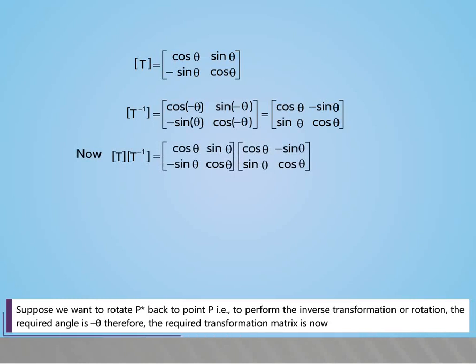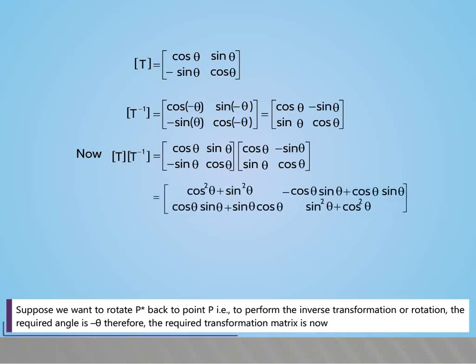Now, T into T to the power minus 1 is equal to the matrix [cos theta, sin theta; minus sin theta, cos theta] times the matrix [cos theta, minus sin theta; sin theta, cos theta], which is equal to the matrix [cos square theta plus sin square theta, minus cos theta sin theta plus sin theta cos theta; cos theta sin theta plus sin theta cos theta, sin square theta plus cos square theta], which is equal to the matrix [1 0; 0 1], the identity matrix.